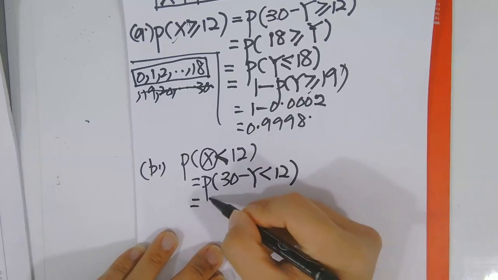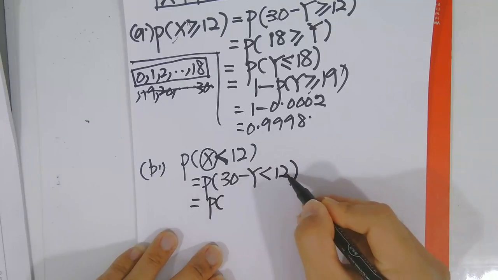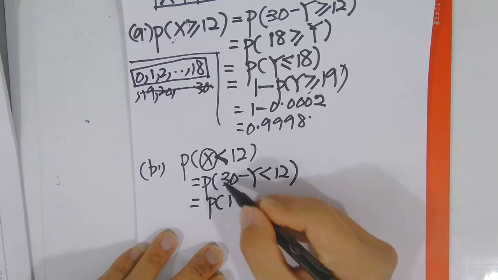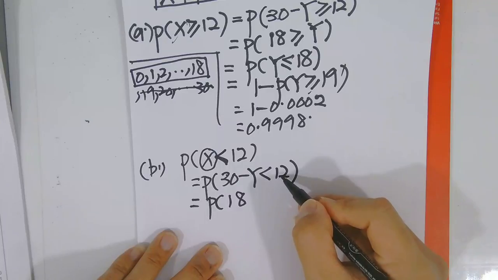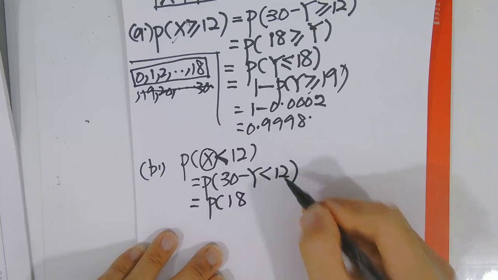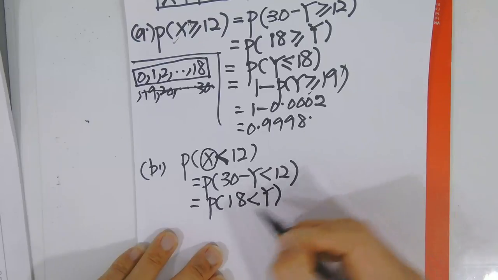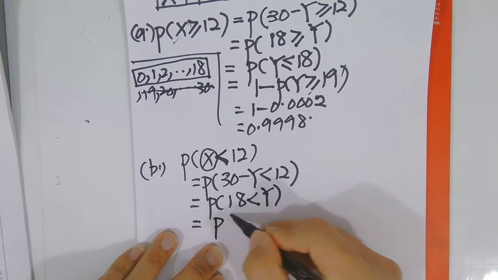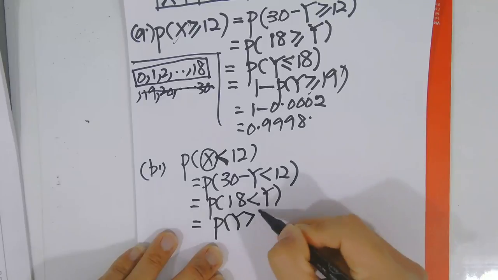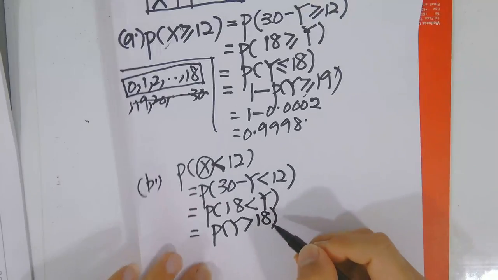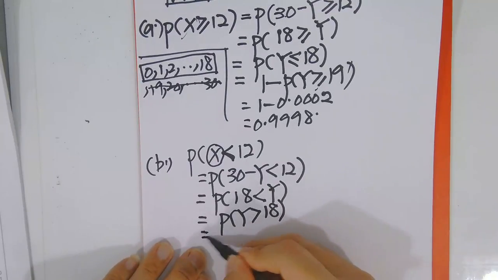Okay, slowly I'm doing. 30 minus 12, you have 18, which is less than negative y. Go to the other side, which will give you y greater than 18, right? Y greater than 18.